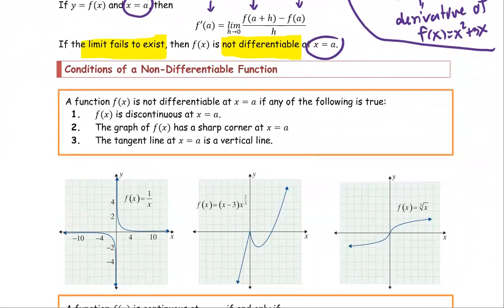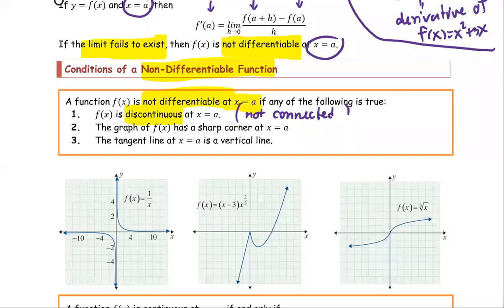Now, for the situations where a function might be non-differentiable, if the function f of x is not differentiable at the point x equals a, it could be one of the following. The function is discontinuous at x equals a. Discontinuous means not continuous, or the graph is not connected.